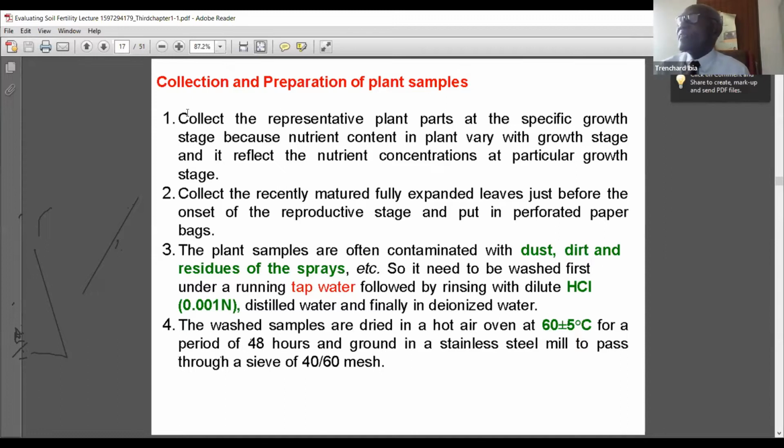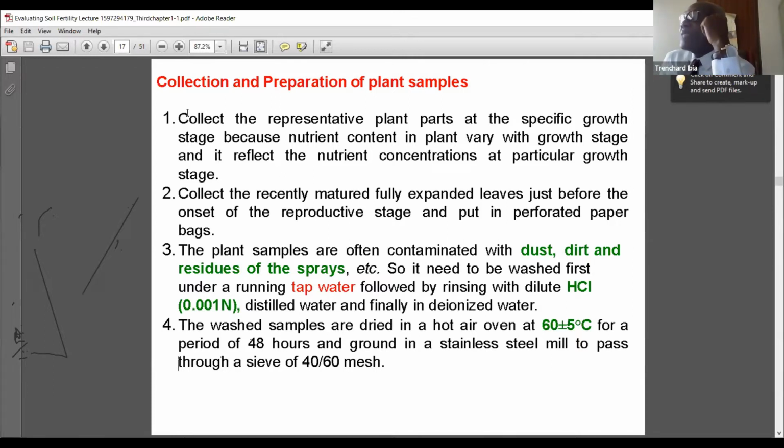The plant samples are often contaminated with dust, dirt, and residues of the sprays. So they need to be washed first under running tap water, followed by rinsing with dilute HCl, very dilute, then distilled water, and finally deionized water. These are all steps in ensuring cleanliness of the samples, in ensuring quality control and quality assurance, and ensuring reproducibility of results.